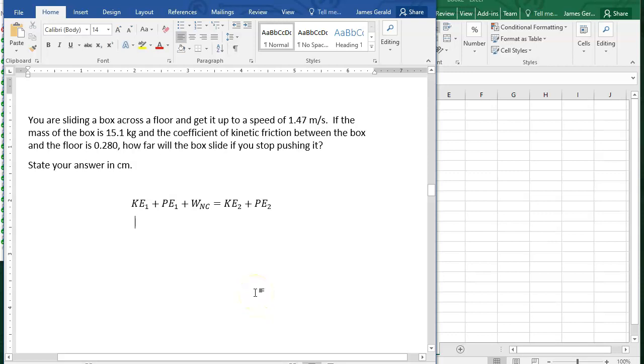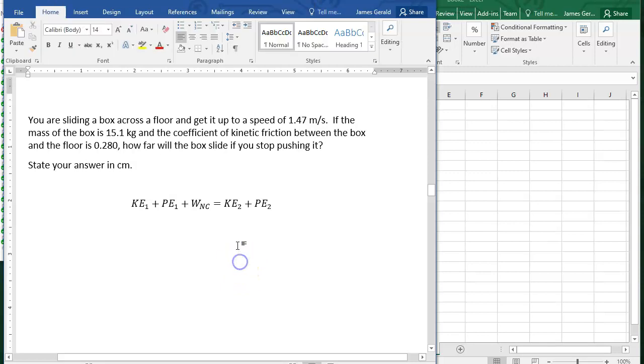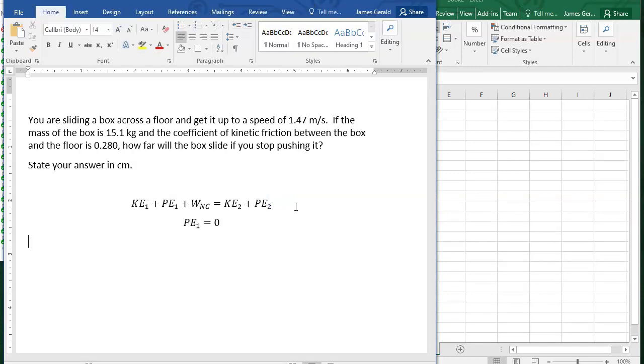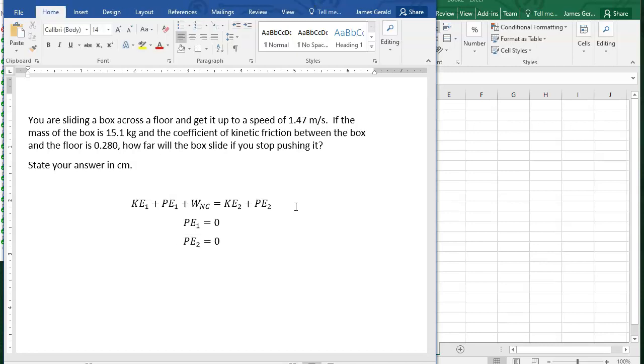Now, we have some things here that are going to make our lives a little easier right away. What's the potential energy all along the way? Well, it's on the floor. So potential energy at the beginning and at the end is 0. At the end, it comes to a stop.